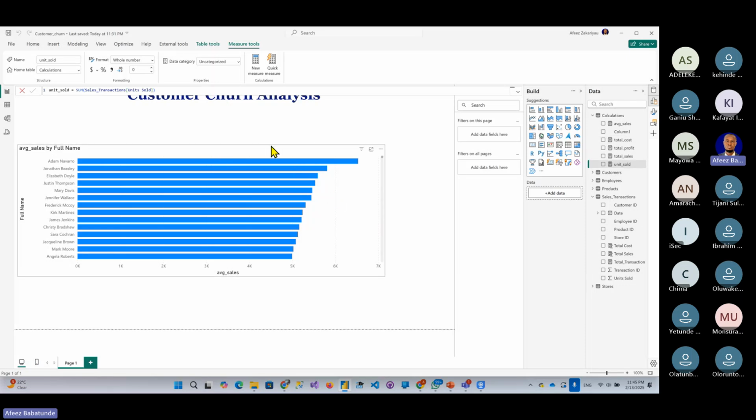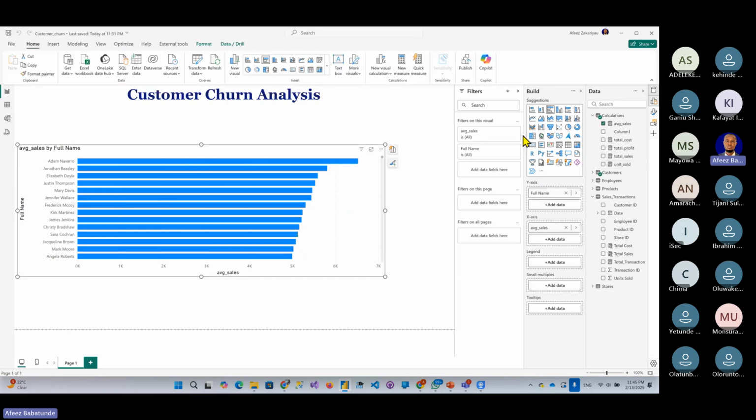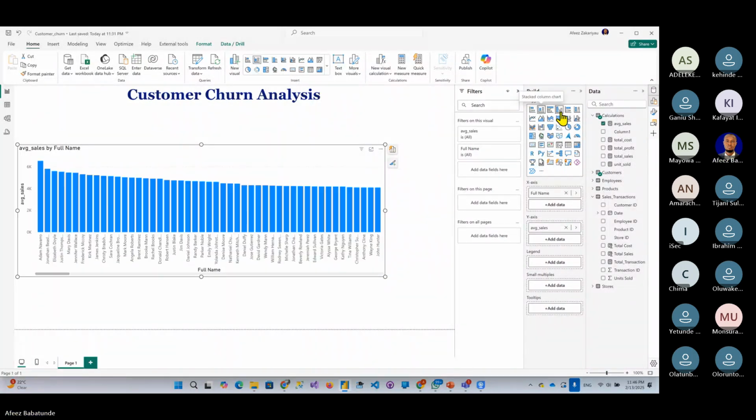So that you can know how customers come to your site. Let me turn this to something different here, or let me use this. I want to add this average sales and the unit sold. Let me add unit sold to this.